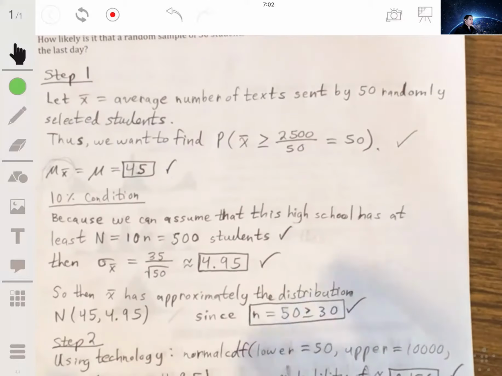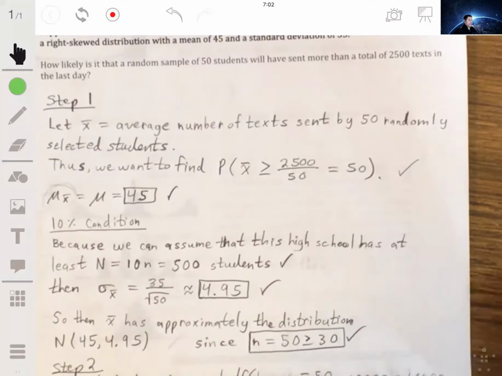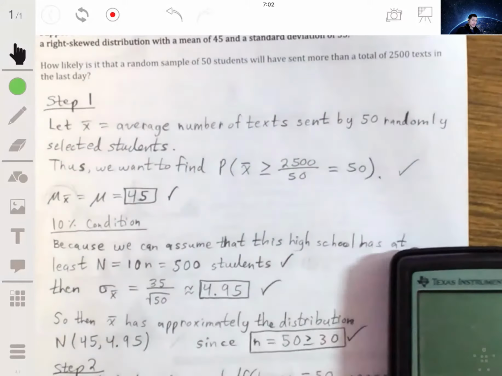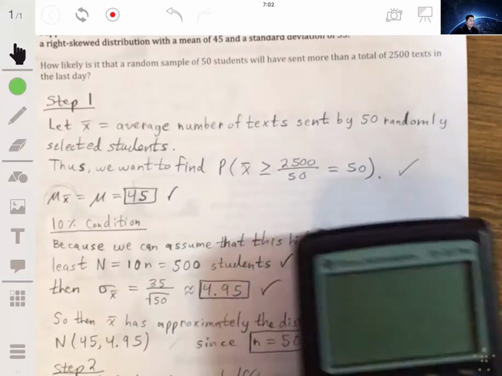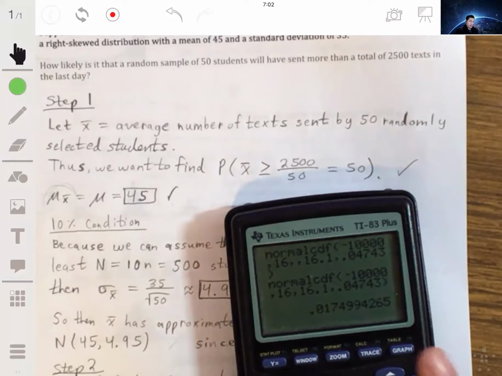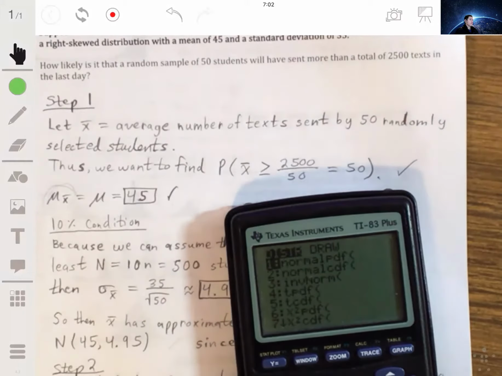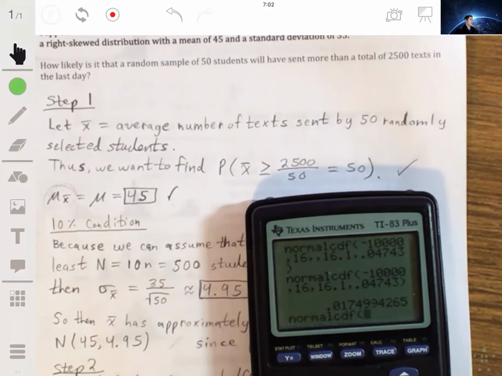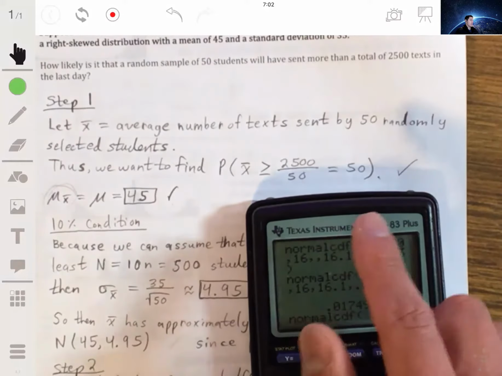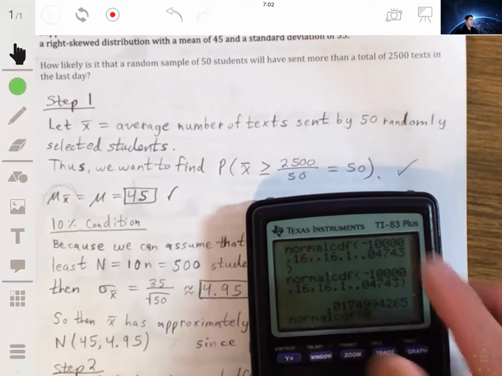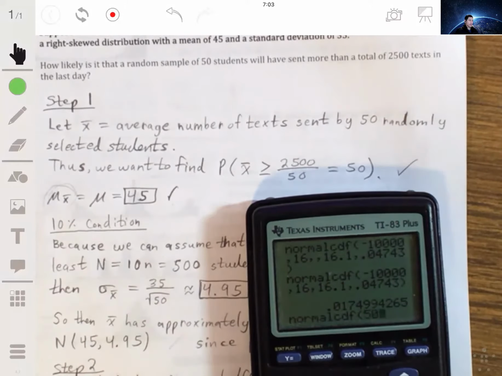Now our step 2 is running our actual calculation. So we're basically just going to run our normal CDF function, trying to find the probability that X bar is more than or equal to 50. So our lower bound this time is going to be 50.